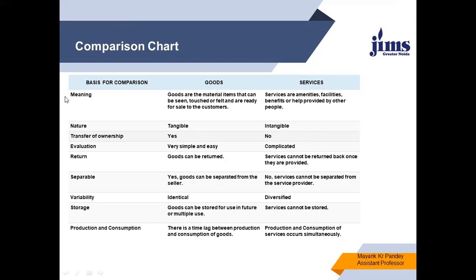Now come to the very first basis of comparison or difference, which is meaning. First we'll have to understand what goods are and what services are. Goods are material items that can be seen, touched or felt and are ready for sale to the customers.